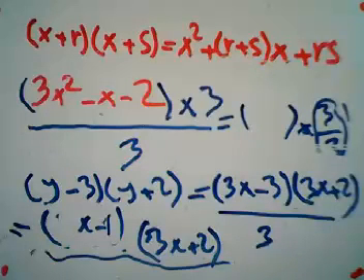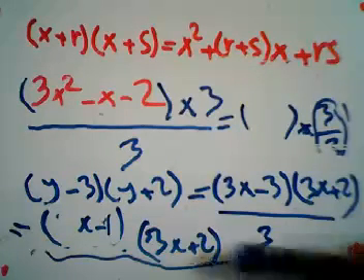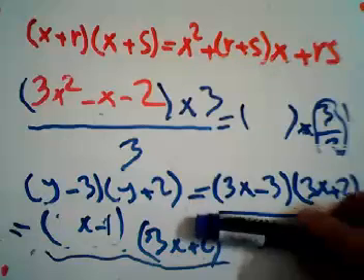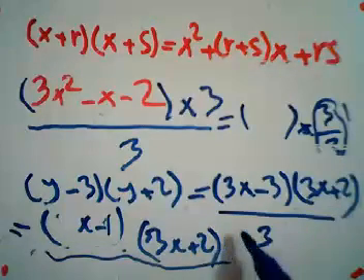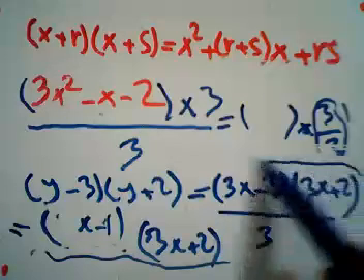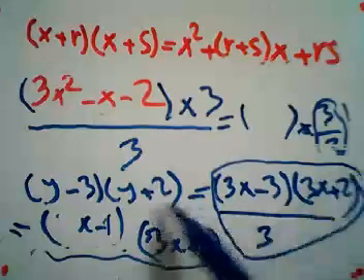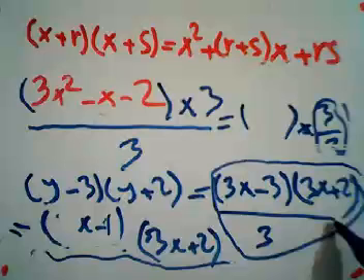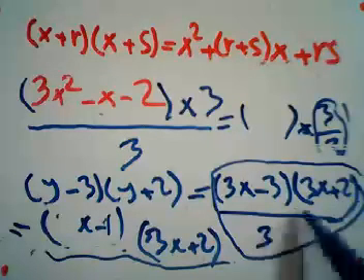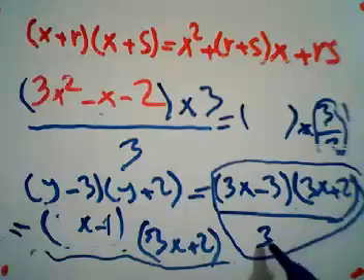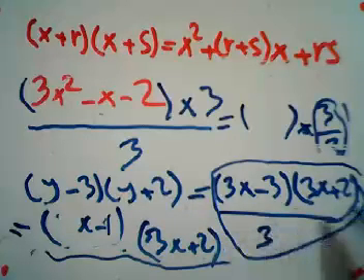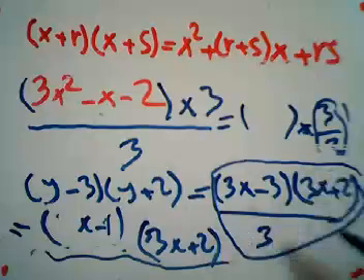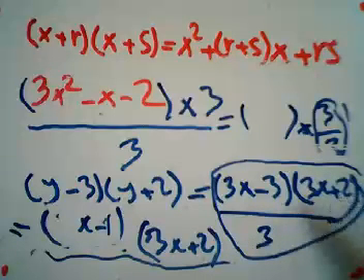And one thing here is that this was equal to this, and this is not equal to this, and I just divided it by 3 for the sake of lack of space, something like this.